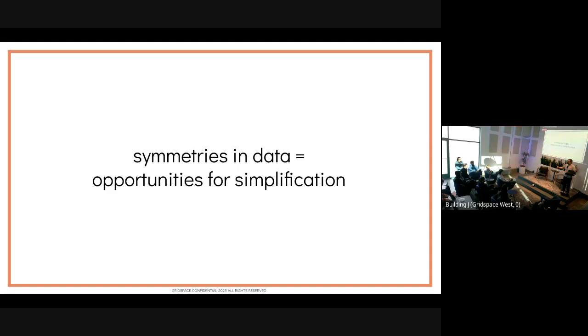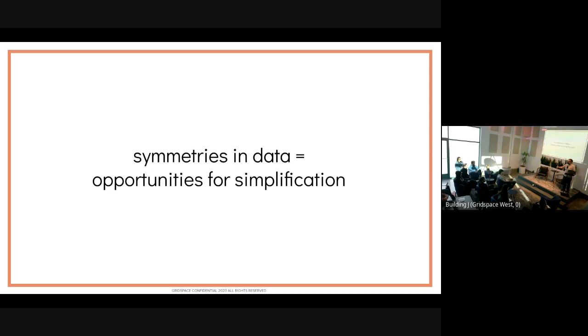So symmetries in data, what do I mean? I mean that there's something you can change, that you can shift, move around, and the problem remains the same. And opportunities for simplification means if there's some sort of symmetry, like for instance, if I have a 5-pointed star and I rotate it by 2 pi over 5 radians, I still have a 5-pointed star in the exact same place, right?